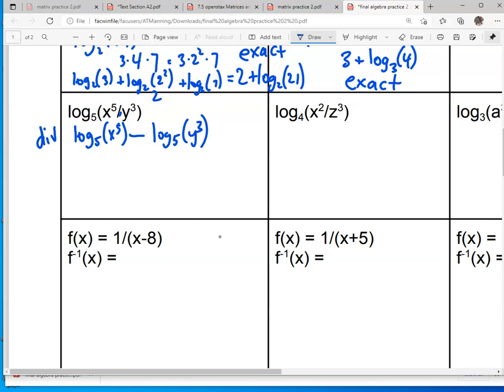Now we can take away the exponent. That becomes 5 log base 5 of x minus 3 log base 5 of y. Taking away the exponents, there is my alternate form.